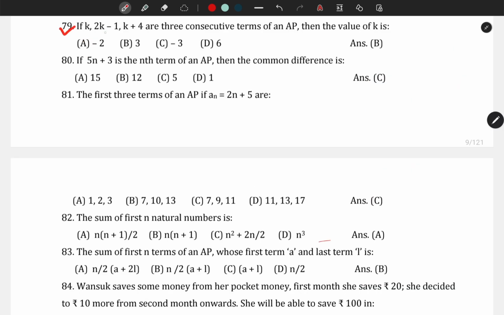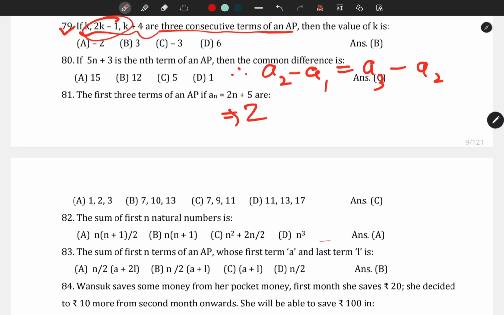Question 79. If k, 2k minus 1 and k plus 4 are 3 consecutive terms of an AP. Now since these 3 terms are consecutive terms of an AP, the second term minus the first term should be the same as the third term minus the second term. So what is the second term here? 2k minus 1.